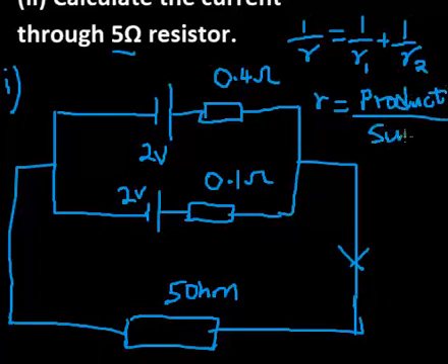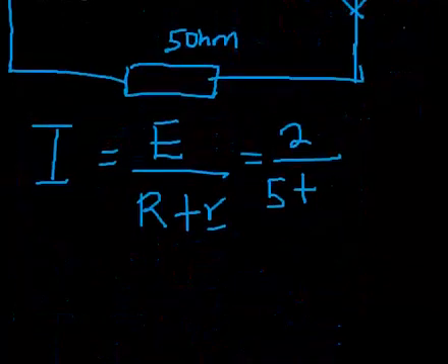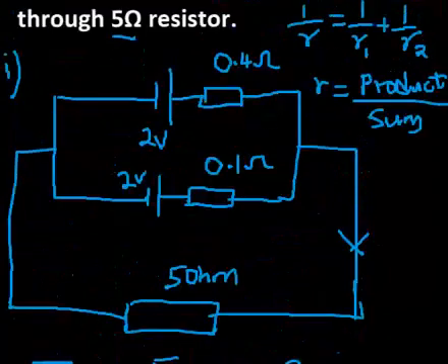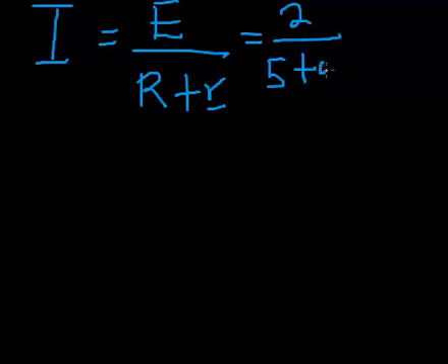That's the shortcut to get the total resistance of two resistors in parallel. So small r is the product, 0.4 times 0.1, divided by their sum, 0.4 plus 0.1.